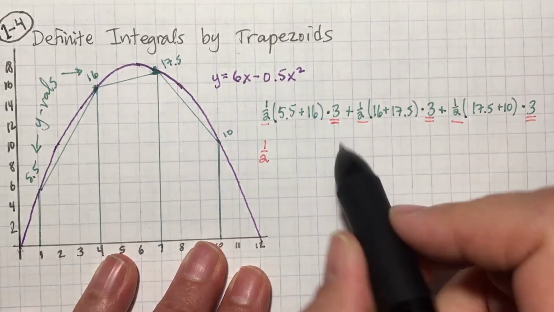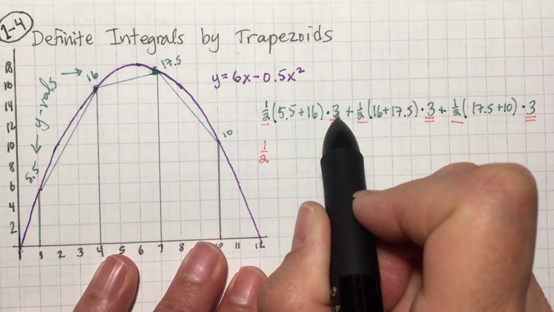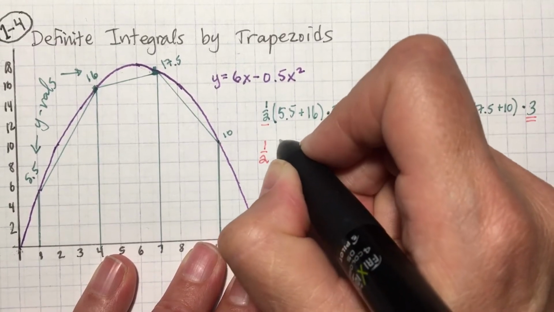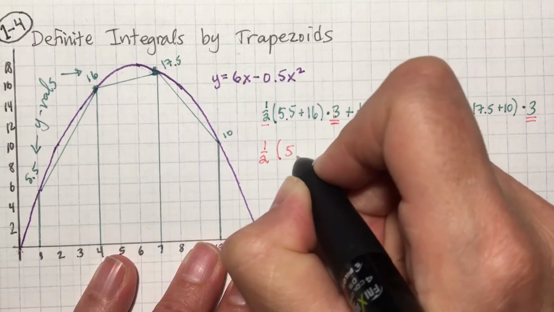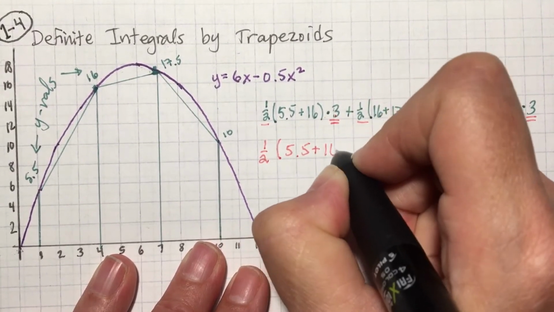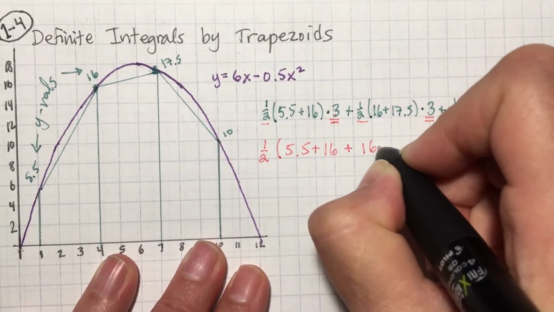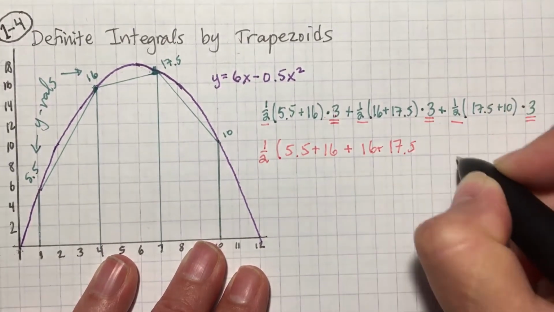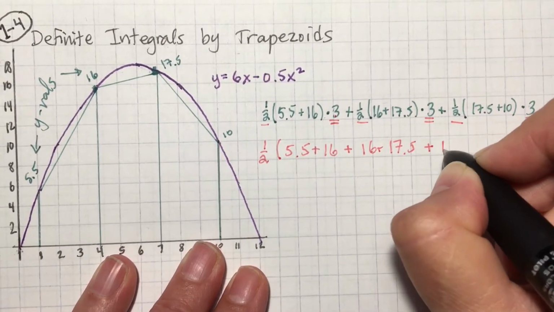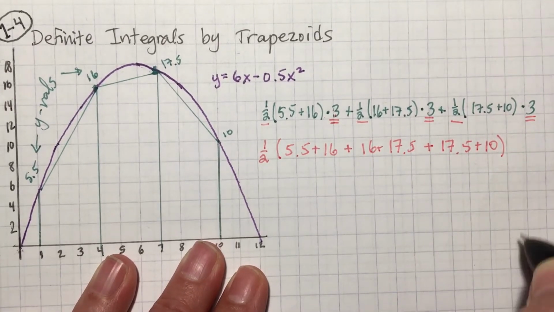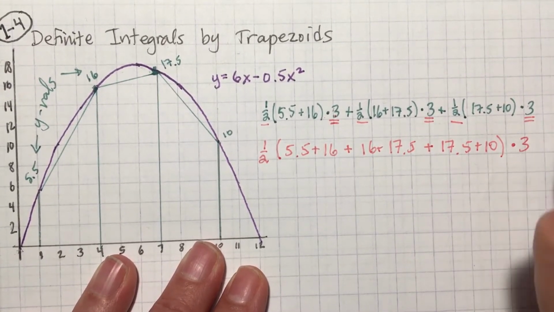I'm going to factor the 3 out as well, at the end, the way the others are. So I'm left with still the same insides. So I have 5.5 plus 16, plus 16 plus 17.5 from my second trapezoid, plus from my third trapezoid, 17.5 plus 10, and then times that width of 3.